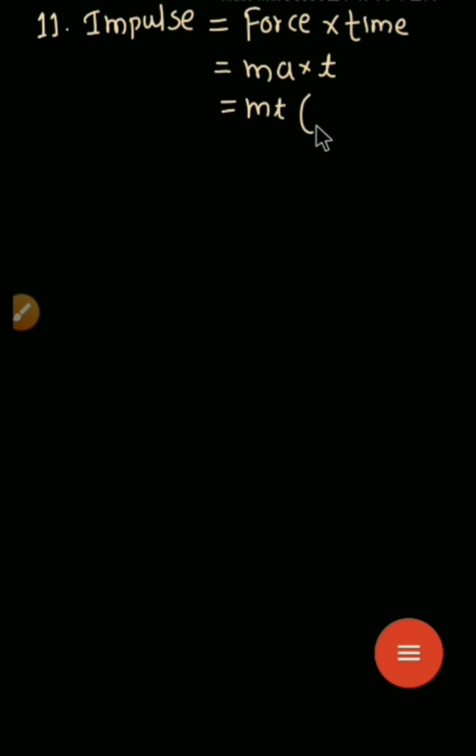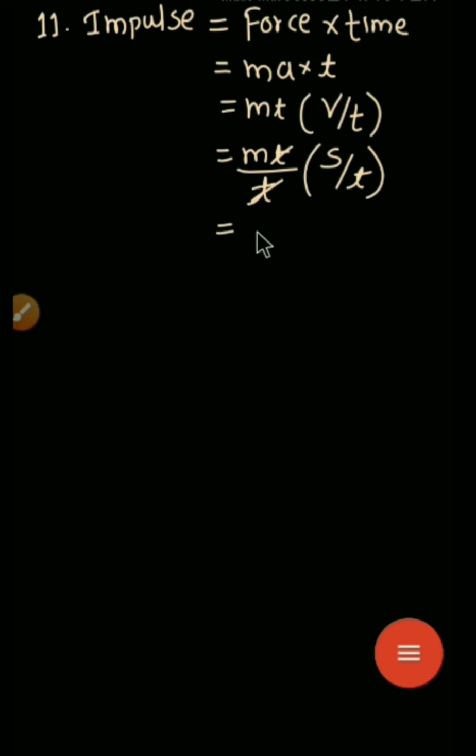We will write acceleration as velocity upon time. Okay, so this mass into time upon this time will get cancelled here, it cancels here, and velocity we will write as displacement upon time. Displacement we can express in terms of length, and below we have time. So if we want to write the dimensional formula of impulse, then we will write L1 M1 T, below, therefore -1.